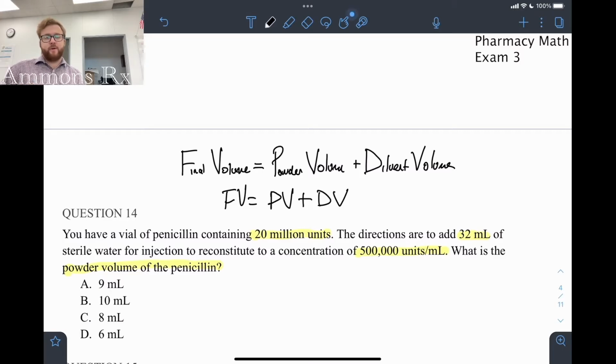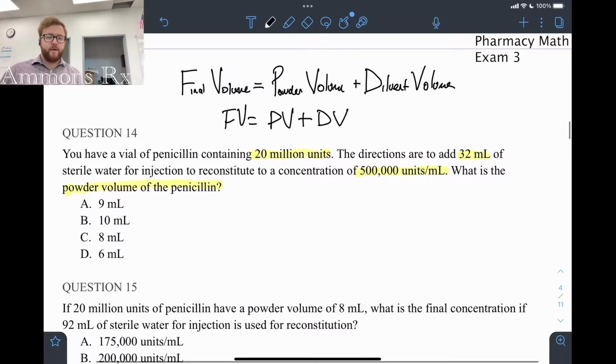And I know it's dumb, but I'm going to go ahead and say it again. You can think of it like you're making Kool-Aid, right? The Kool-Aid powder, water, and you could assume sugar. All of that together makes your Kool-Aid, right? Each of those components by themselves doesn't mean anything. Your powder by itself and your diluent together, they make your reconstituted solution. Separate, they mean nothing.